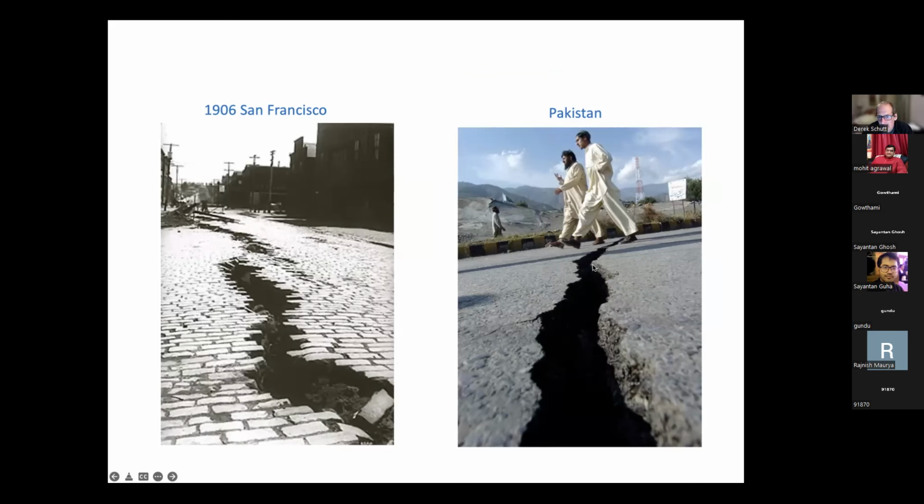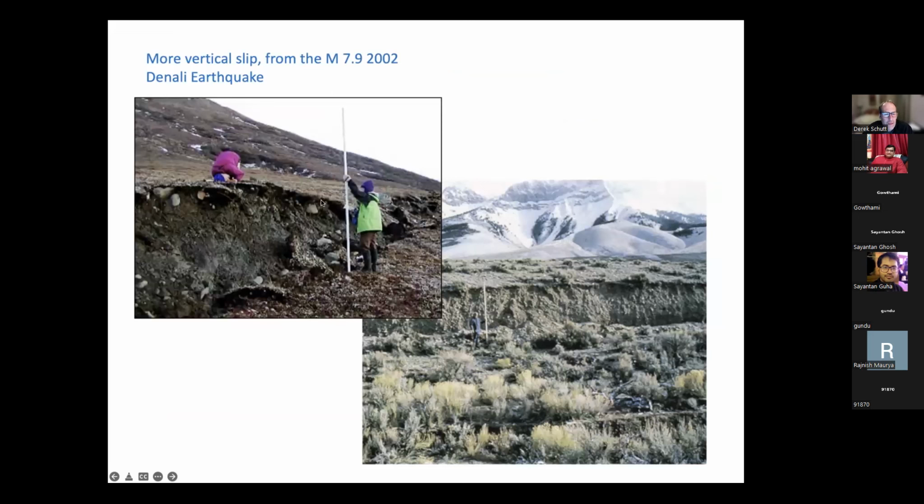Here's a fault in Pakistan. Here is vertical slip from the 2002 Denali earthquake up in Alaska. And here as well is slip from the earthquake. Of course, not all earthquakes produce fault scarps. Some earthquakes slip below the surface and don't actually rupture the surface.